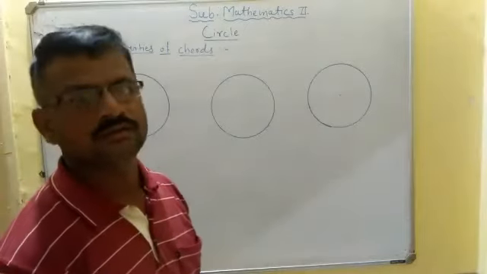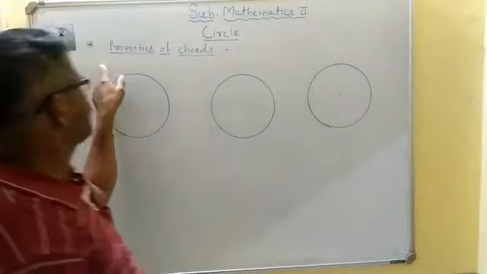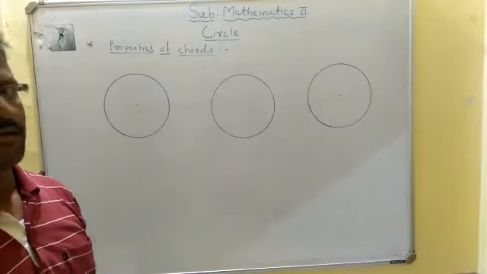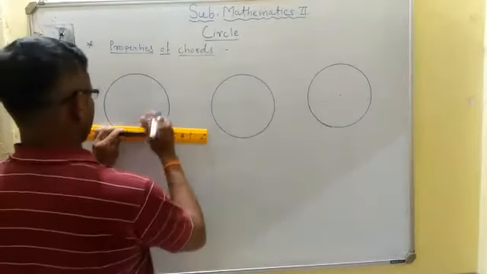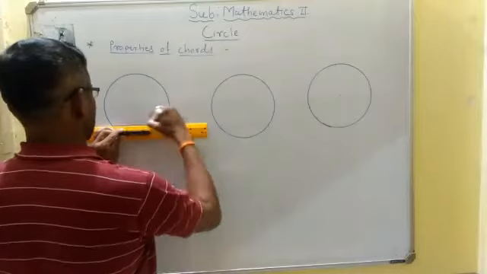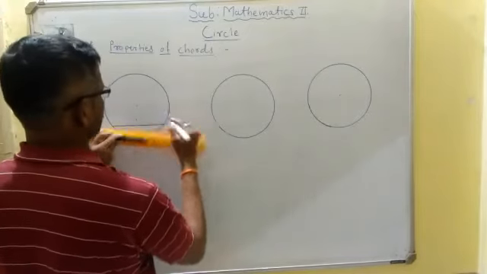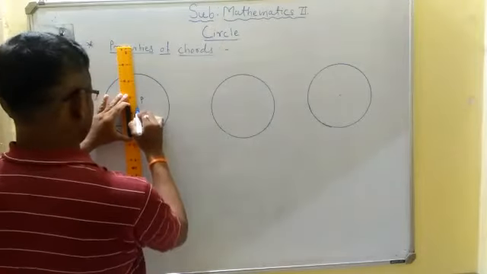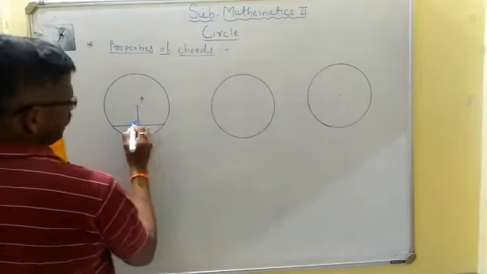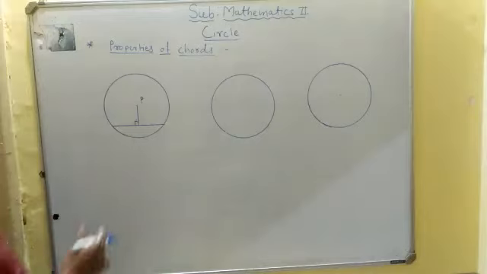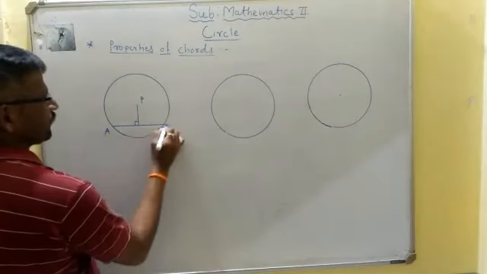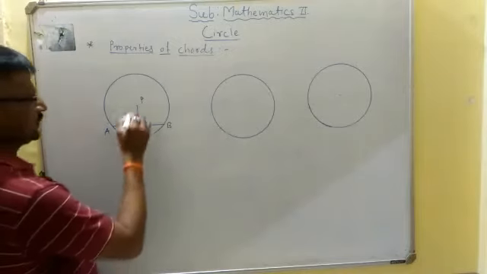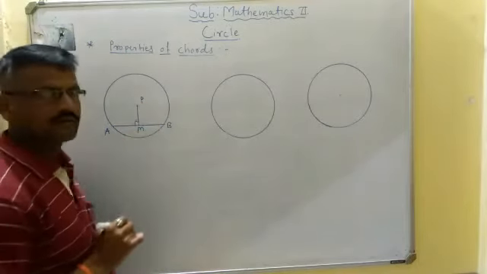Also we learned the concept of properties of chords. What are the properties of chords? Look here. When you construct a chord in the circle and a perpendicular is drawn from the center to the chord, what happens? Suppose AB is a chord and PM is a perpendicular drawn from the center to that chord.